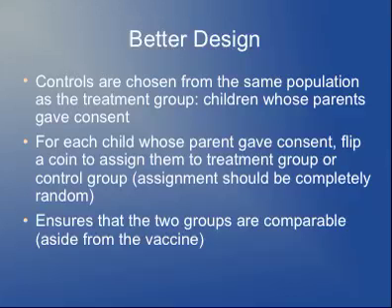And the reason that you do that is because if you're doing it randomly, it becomes extraordinarily unlikely that you're going to end up with all the rich kids in one group and all the poor kids in the other group, or you're going to have all men in one group and all women in the other group, or something like that. I mean, it's theoretically possible, but it becomes increasingly unlikely as the size of your sample increases. So, generally speaking, it ensures that your 2 groups are going to be comparable to one another.